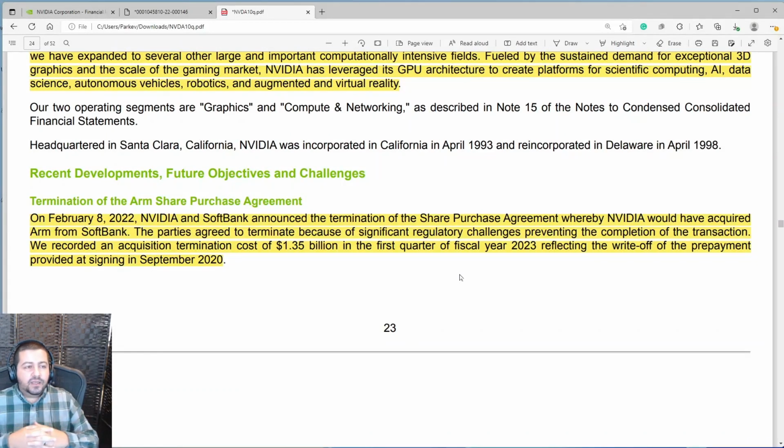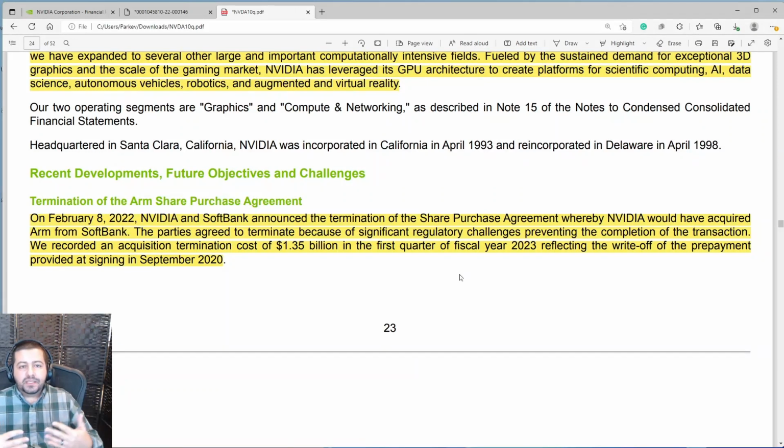That said, Nvidia recorded an acquisition termination cost of 1.35 billion in the first quarter of 2023, reflecting the write-off of the prepayment provided at signing in September of 2020. This is not a rare occurrence.